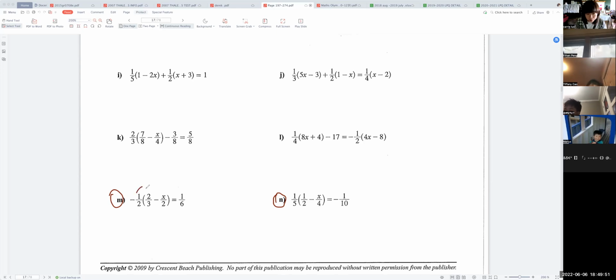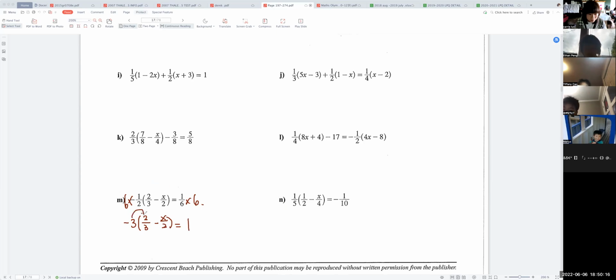Option 1 is you can just times them out, but I decided to do the times 6 and times 6 first. So this one became -3 times 2 over 3 minus x over 2 equals 1.